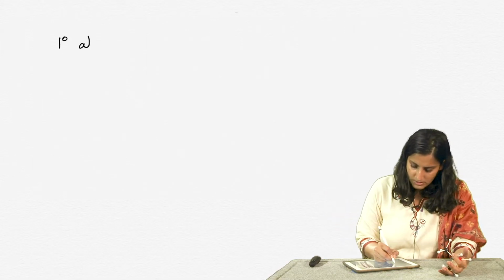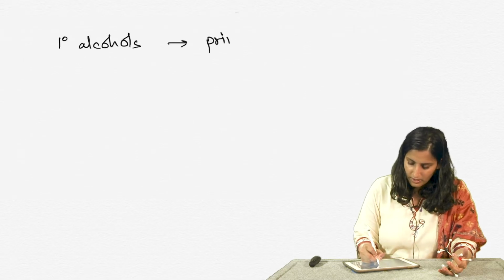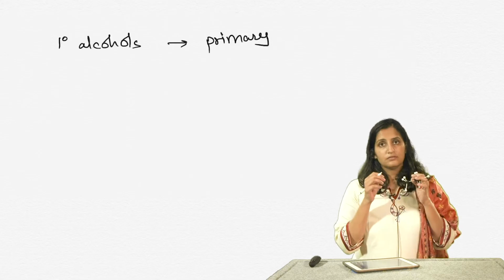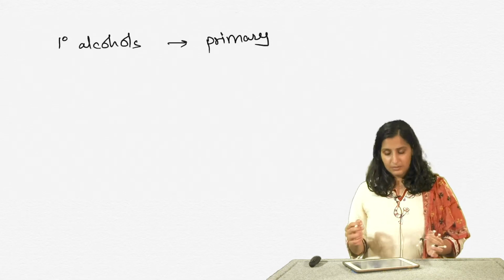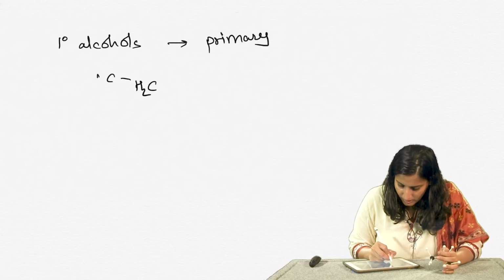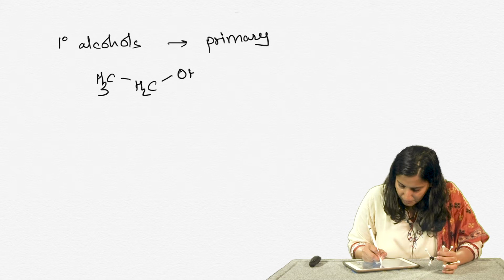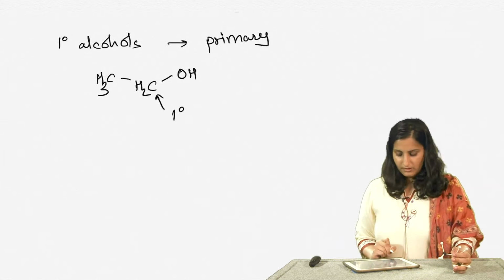Okay. We also classify alcohols as primary, secondary or tertiary alcohols. So, primary alcohols are the compounds where the OH group is attached on a primary carbon, meaning, for example, ethanol is a primary alcohol because this is a primary carbon, right.